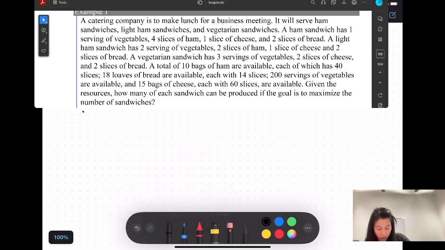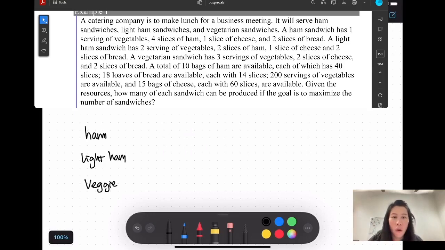It's going to be ham sandwich, light ham sandwich, and then veggie sandwich.